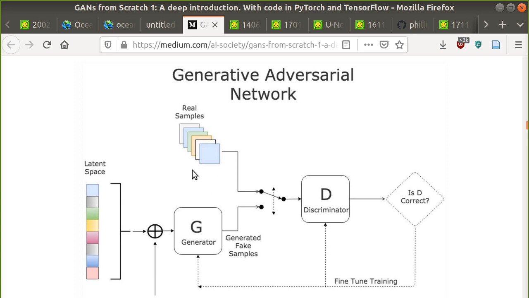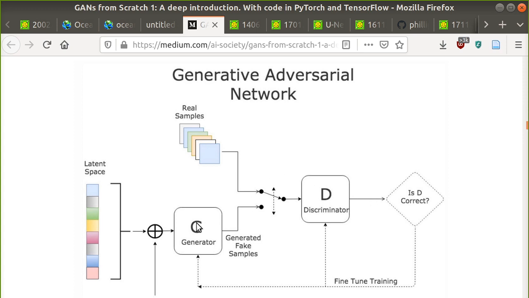Both of these are fed into a discriminator network. This is a neural network which takes as input either the real cloud cover images or the fake images generated by the generator network, and it has to tell the difference. So it should say, for example, output 1 when the data are real and a 0 when it's fake.